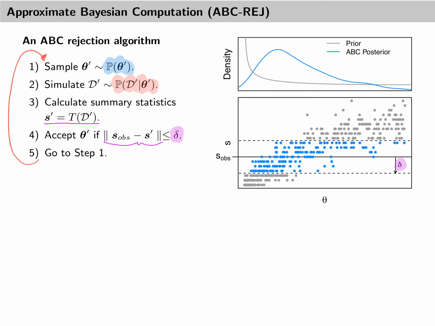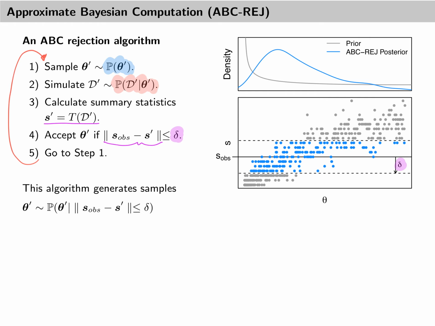These accepted simulations now constitute samples from an ABC posterior. We can, for instance, draw that posterior distribution using kernel smoothing in the panel above. However, it should be clear that these samples do not necessarily come from the true full posterior distribution. An ABC posterior is just an approximation.